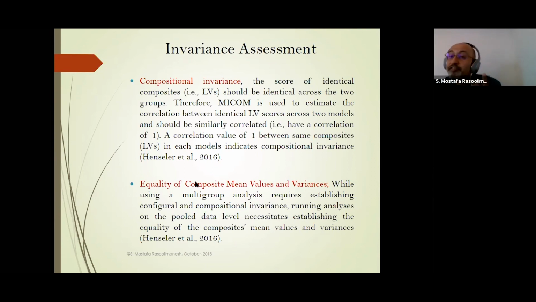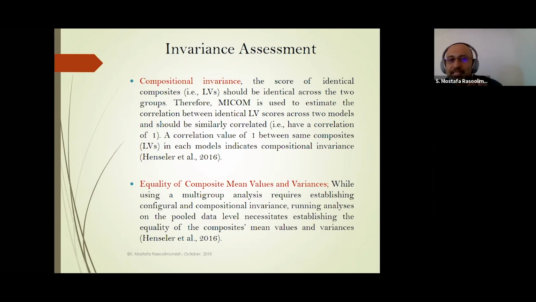So we need to confirm the mean value of constructs between two groups and the variance of constructs between two groups are similar, identical, not significantly different. But it's not necessary for multi-group analysis. It's not necessary for moderating assessment.